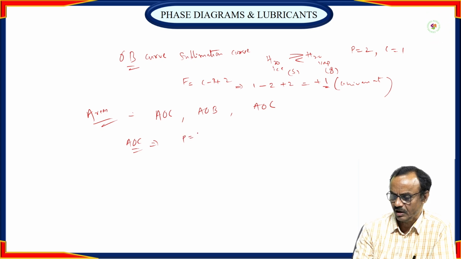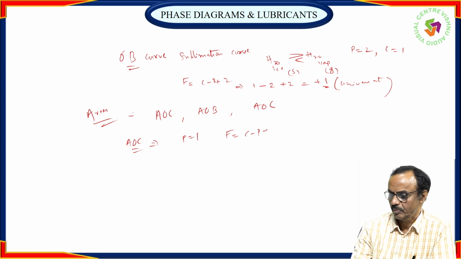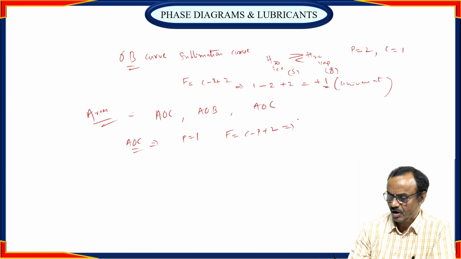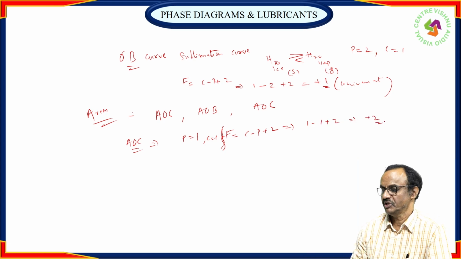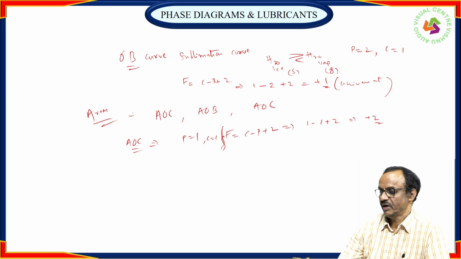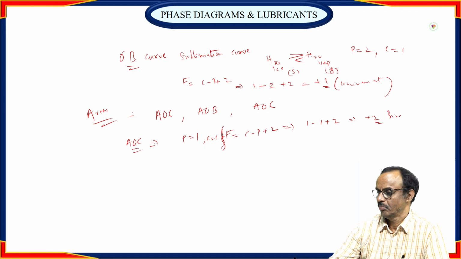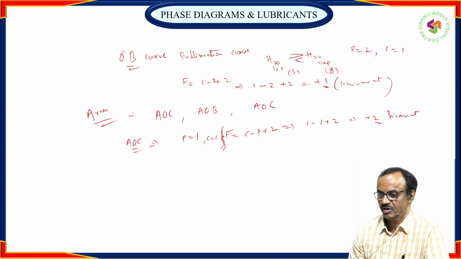Phase P is equal to 1. Degrees of freedom is equal to C minus P plus 2, is equal to 1 minus 1 plus 2, is equal to 2. It depends on both temperature and pressure, so it's bivariant. It depends on both.